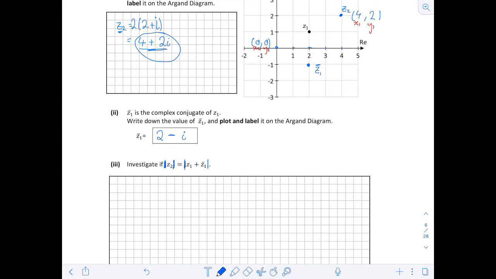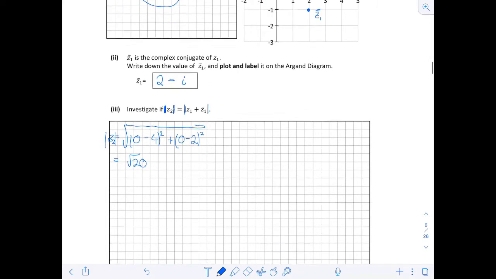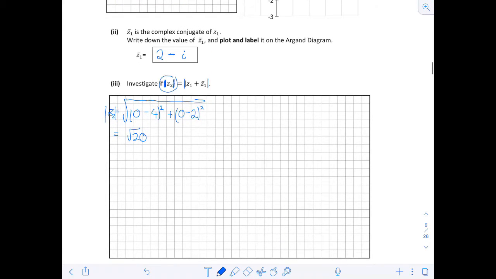So it's going to be the square root of 0 minus 4 squared plus 0 minus 2 squared. And that's equal to the modulus of z2, which is going to equal the square root of 16 plus 4, which is the square root of 20. Okay, so that's this guy here dealt with.